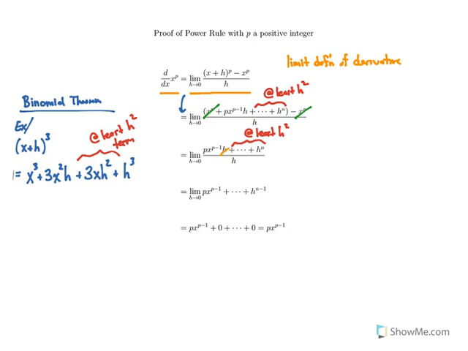We're then able to cancel out an h out of every single term, and we are left with px to the p minus 1 plus a bunch of stuff now with at least h. So when I plug in 0 for h to do the limit, all of these terms are just going to go to 0, and I'm left with px to the p minus 1.